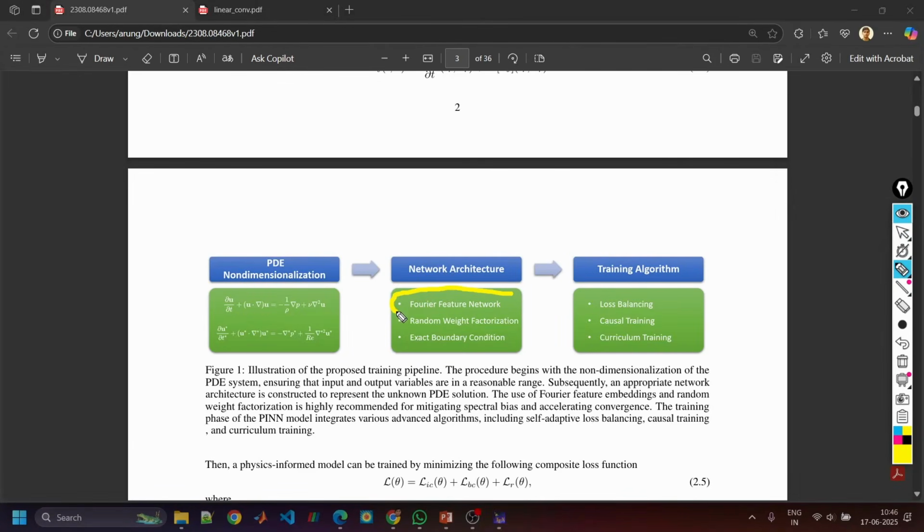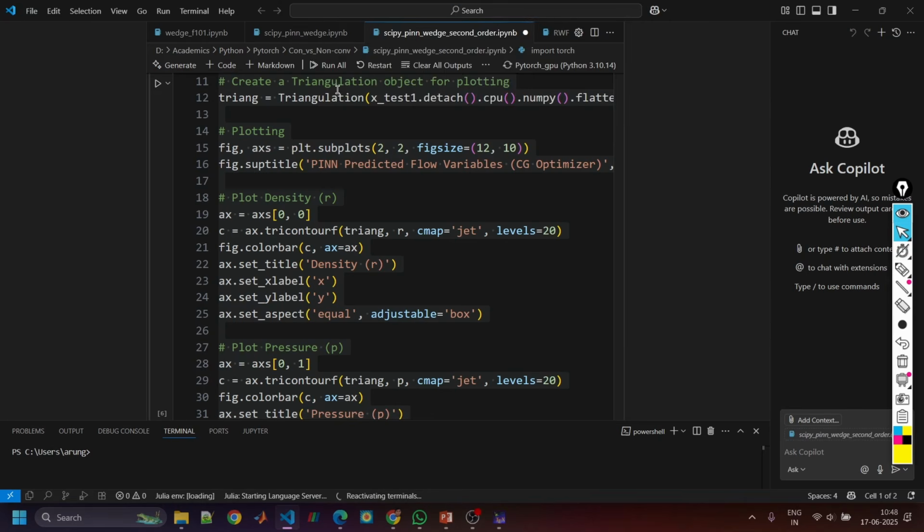A Fourier feature network is a good encoding practice, mapping to another encoding space. We can also try random weight factorization, which may reduce the computational time. So they have given some best practices. I won't claim all these practices will work for all problems, but it's always good to try whether they make sense.